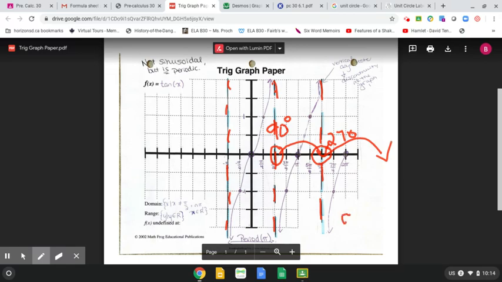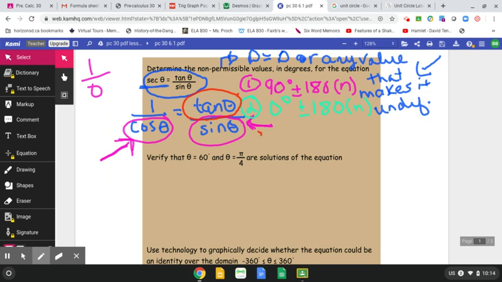So my non-permissible values for tan would be 90 plus or minus 180n. That would be my third: 90 degrees plus or minus 180n.